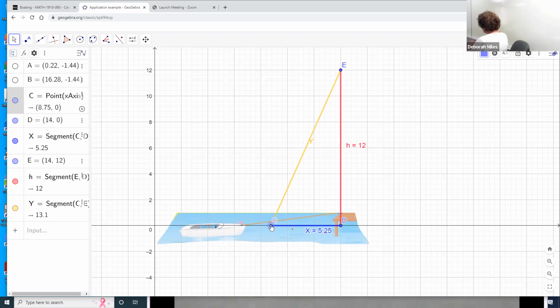Yeah, that's the rate at which I'm pulling in the rope. dy over dt is going to be a constant, and dx over dt is going to change the closer the boat gets to the dock. The closer the boat gets to the dock, the faster x is going to change. Pretty much for the same reason as the ladder, the height of the ladder sped up as the ladder fell.